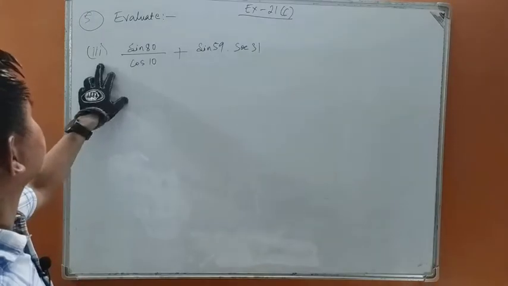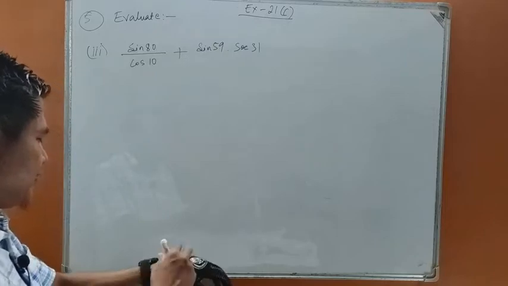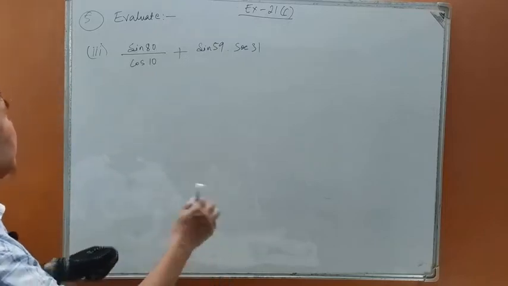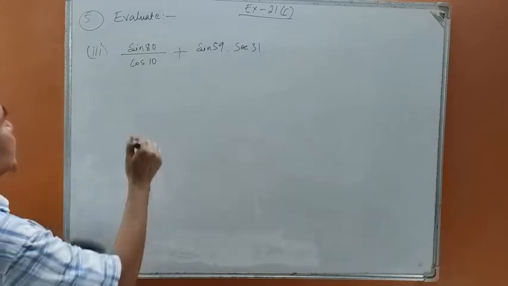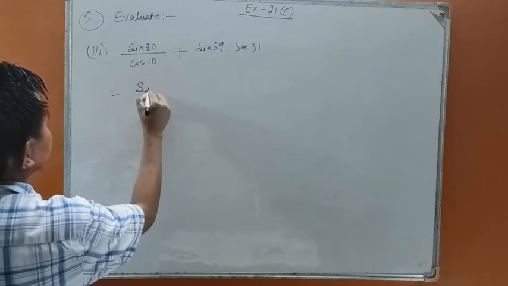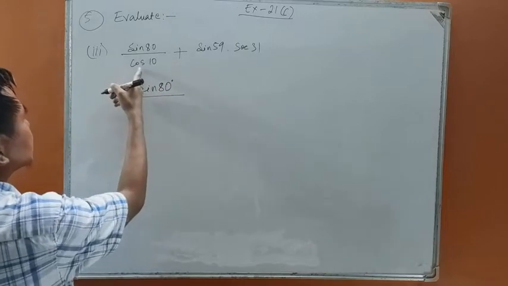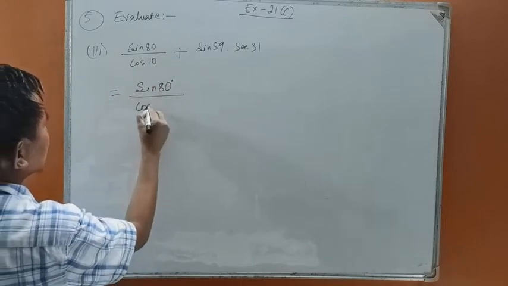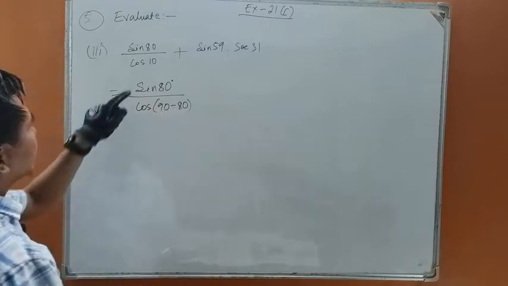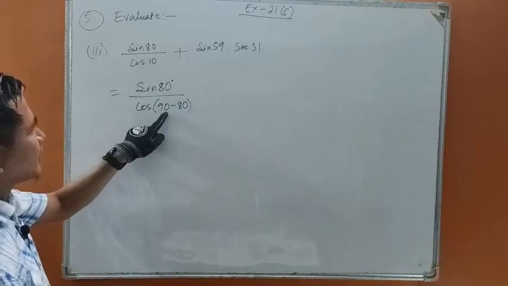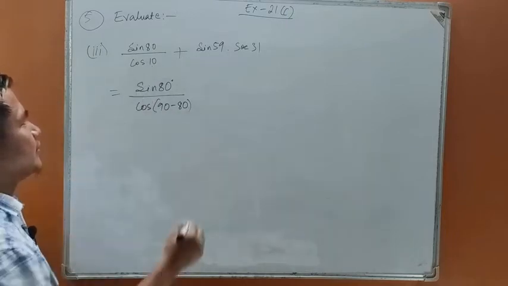Let's do question number 3 of 5. Evaluate the value of this expression. So sin 80 upon cos 10. We copy sin 80 as it is. Instead of cos 10, cos of 90 minus 80 can be written. 90 minus 80 gives us 10.